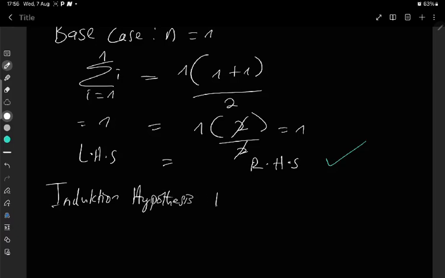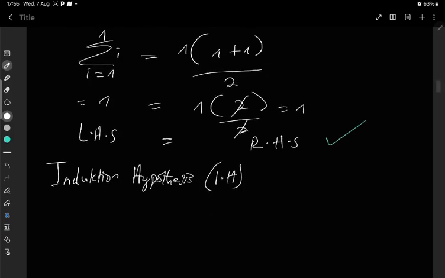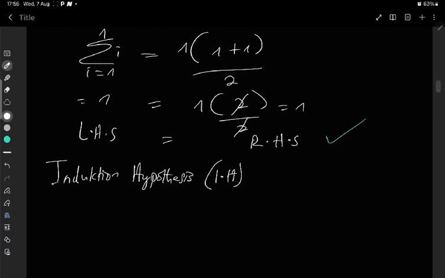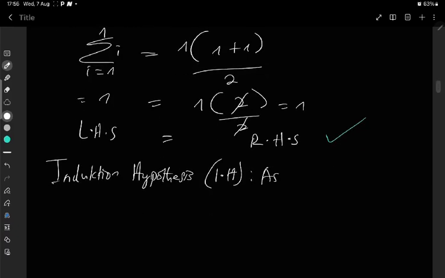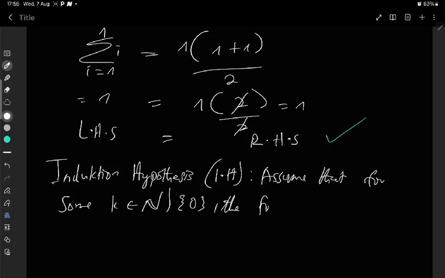Induction hypothesis, IH. Here we assume that for some integer k, which is also an element of the natural numbers without 0, this formula above is also applicable, or the formula holds.